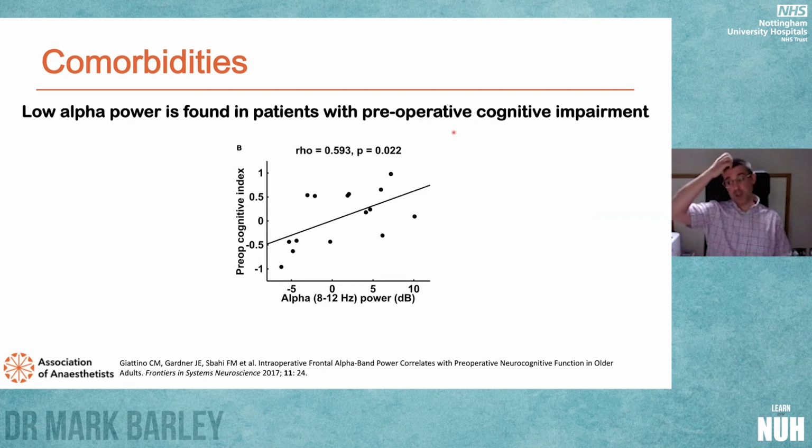And it's interesting to look right back to the early 2000s and Aspect, the company behind the BIS monitor, who were investing around about $5 million a year in research. One of their research programs was looking at using things like BIS monitoring to identify the early onset of Alzheimer's type dementia from the changes in the brain waves that can be seen. In fact, anaesthesia has been used in the past by neurologists to emphasize and exaggerate the brain waves.